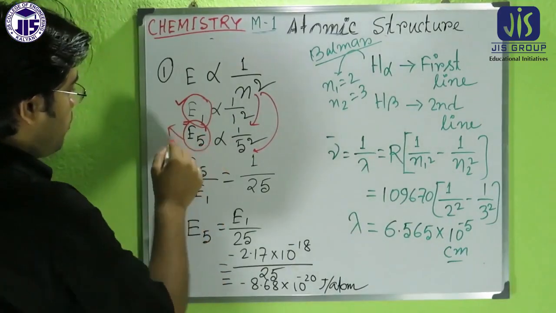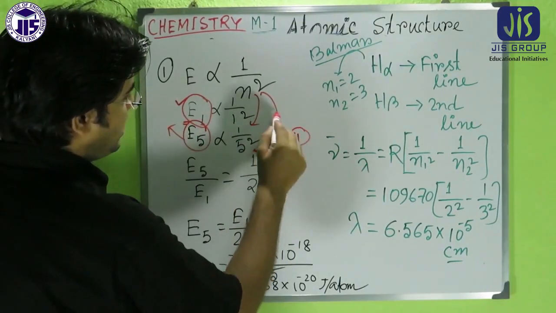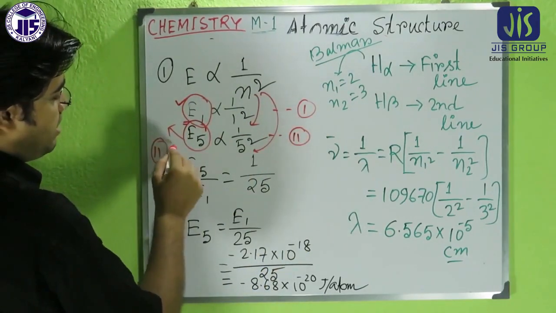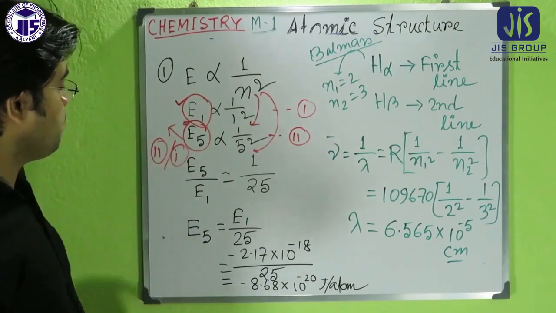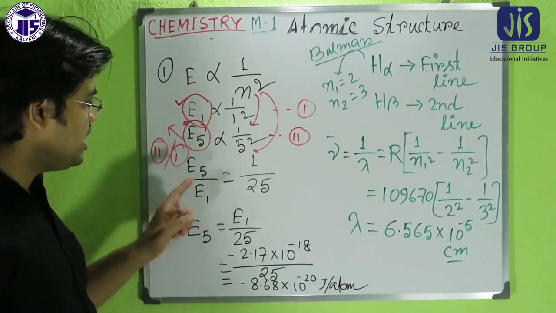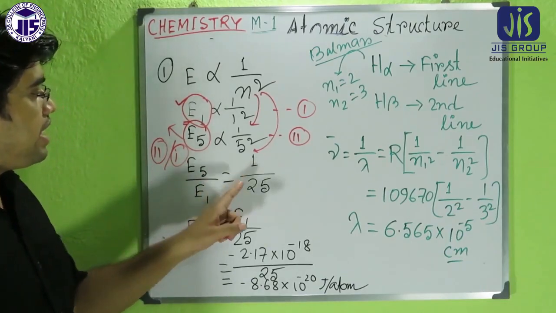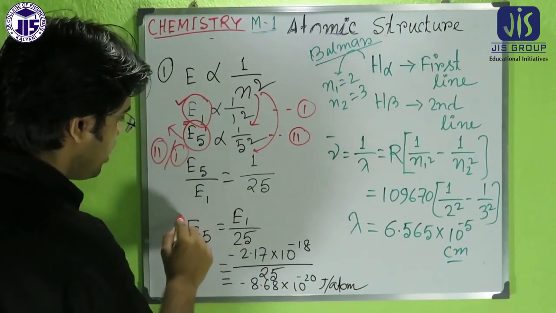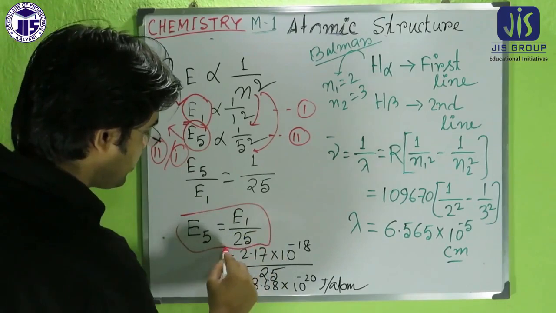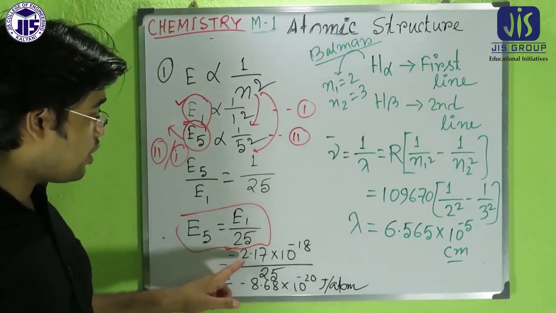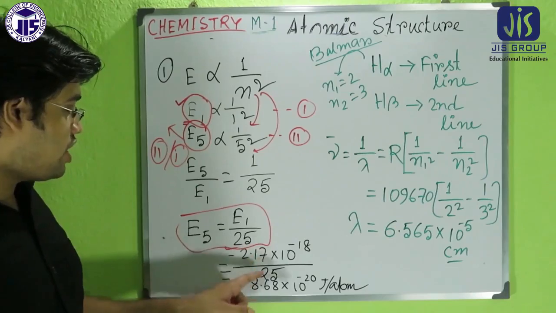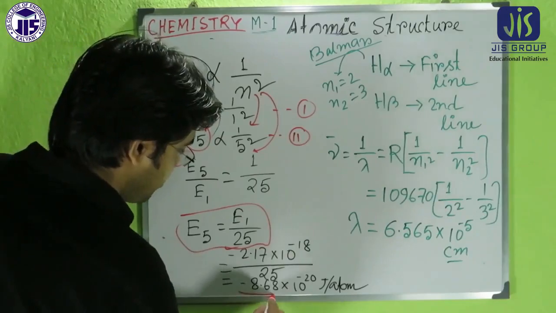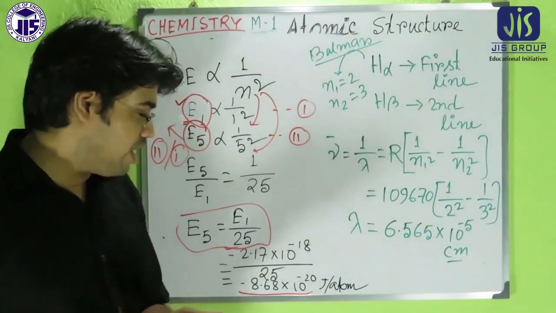Dividing the second by the first, E5 by E1 equals 1 by 25. So E5 equals E1 by 25. The E1 value given in the question is minus 2.17 into 10 to the power minus 18, divided by 25, so it will be minus 8.68 into 10 to the power minus 20 joule per atom.